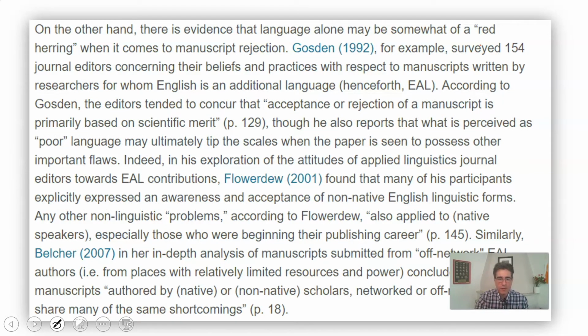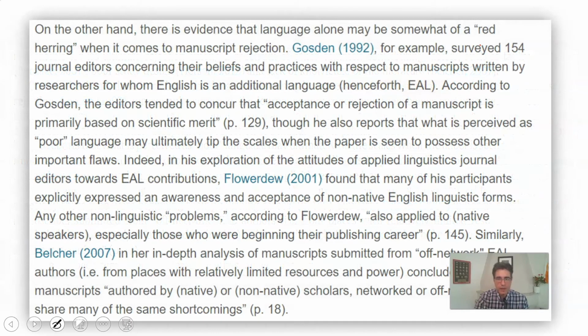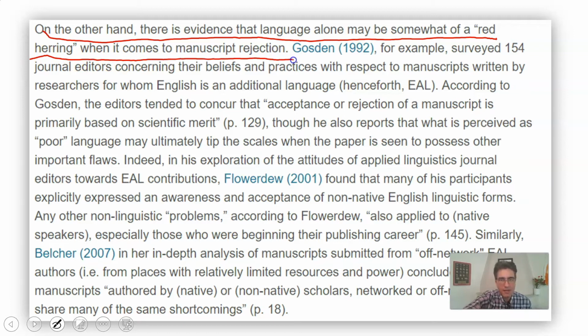To take a closer look at this notion, in the following paragraph, I talk about how language alone is somewhat of a red herring. So in the discussion of academic voice and authorial voice, we talked about how people often make an "I say," and then in that "I say," I can include what they say.